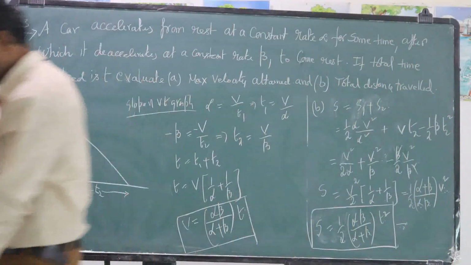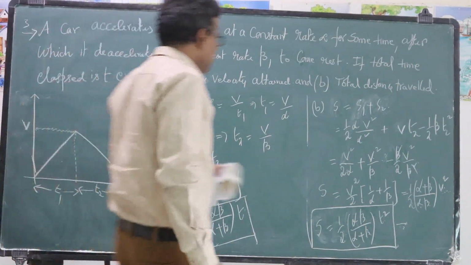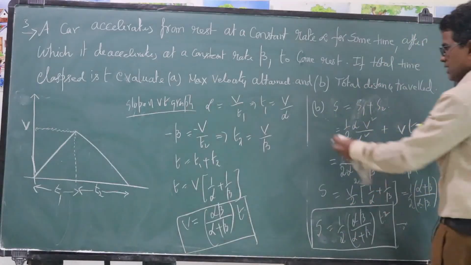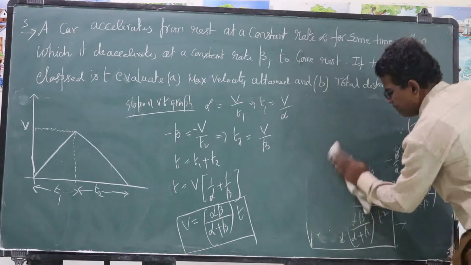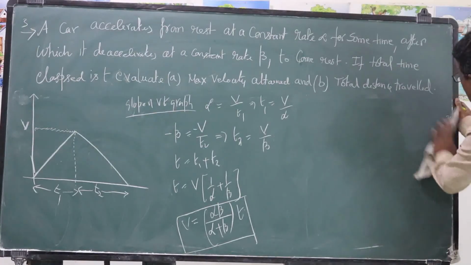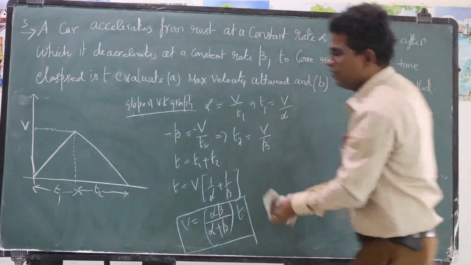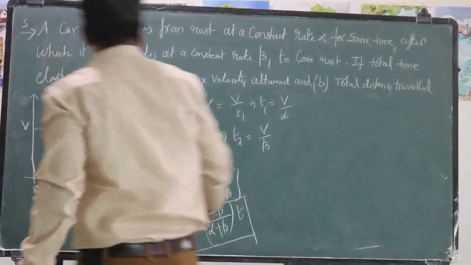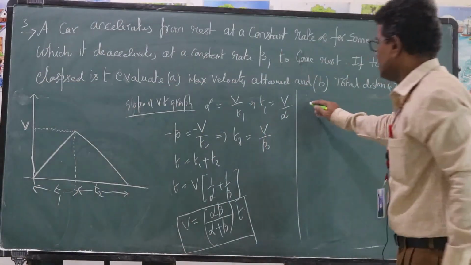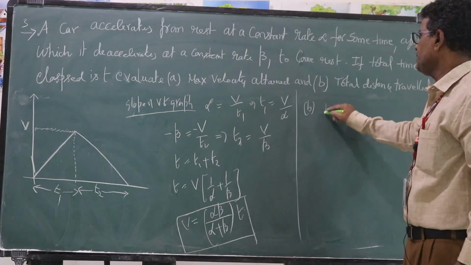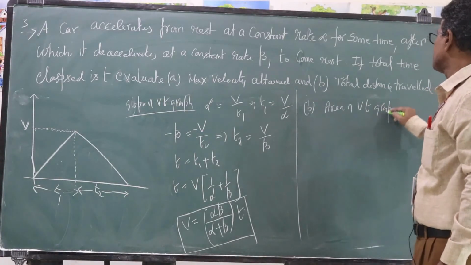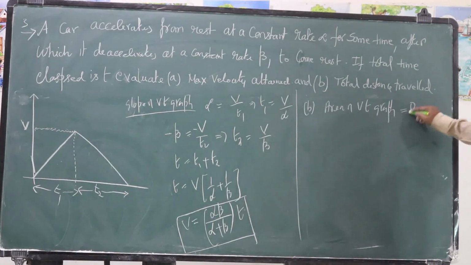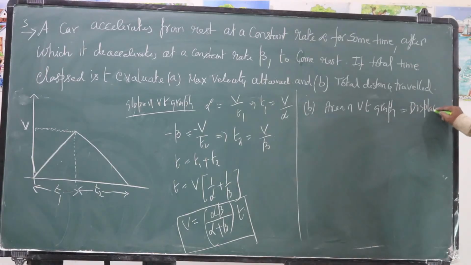Based on that, now I want the displacement for this. I want to solve this one with the help of the graph. The same thing. How? The area of the Vt graph gives displacement, total displacement.